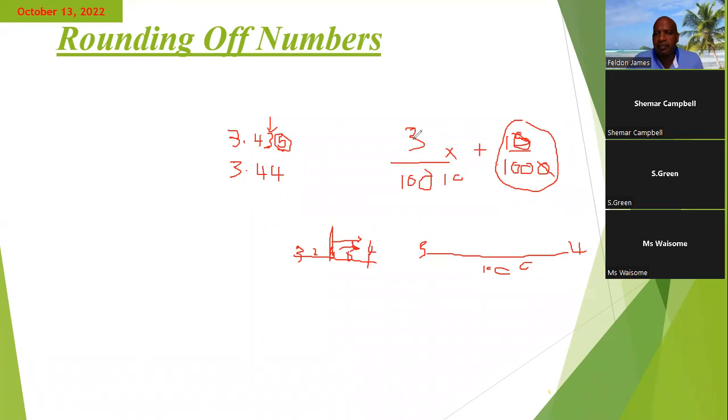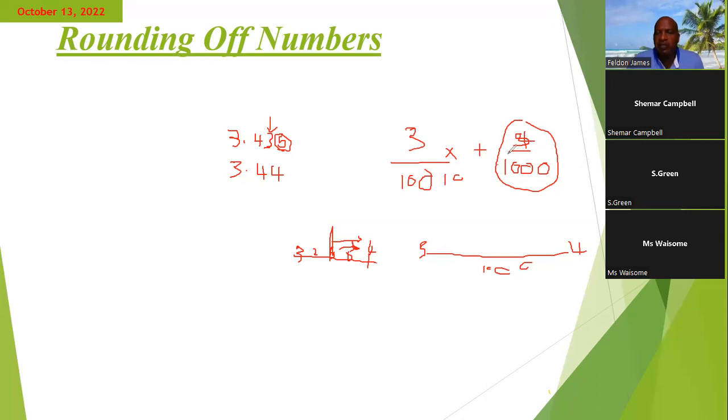Yes, sir. Right. But if it is less than 5, let's say 4, then 4 would be closer to a number which is smaller than 1. So we wouldn't add 1 to the 3.